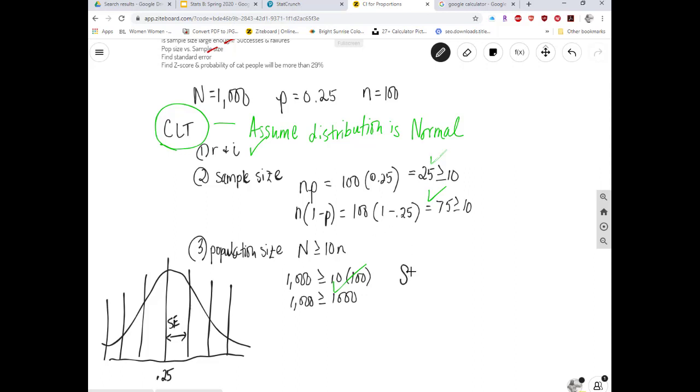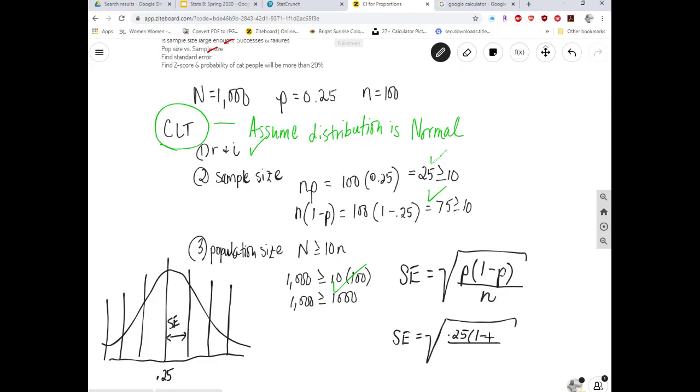So I've got my standard error formula, which is the square root of the proportion multiplied by 1 whole minus the proportion, divided by my sample size. Okay. So let's go ahead and plug this in. I've got SE equals radical 0.25 times 1 minus 0.25 divided by 100.